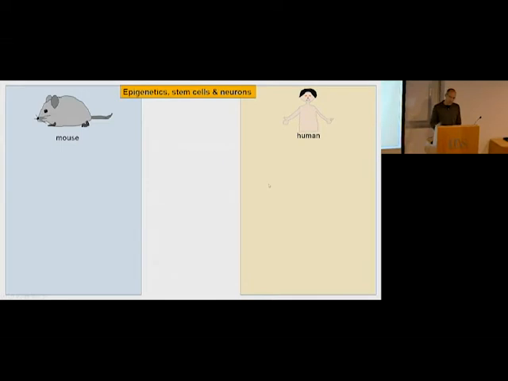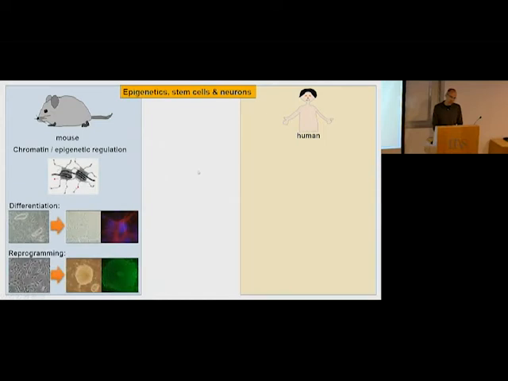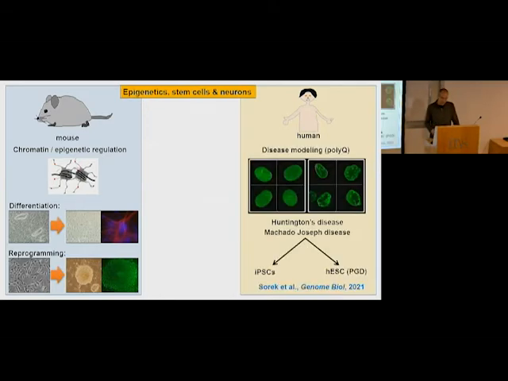My lab is really interested in stem cell epigenetics and neurons, and we're doing mouse work where we're basically studying chromatin and epigenetic regulation during early differentiation and reprogramming, as well as human stem cells, iPS cells, and embryonic stem cells, where in the past several years we've taken an approach to model human diseases, mostly polyglutamine-related diseases, and the first publications are now starting to come out. But today I won't talk about this at all, and instead will focus on one of the proteins we identified.